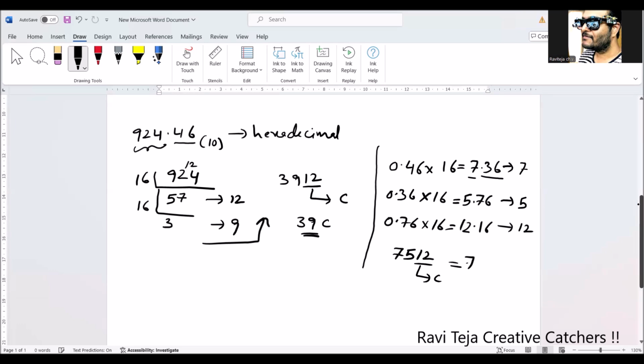So the answer will be 7, 5, C. Okay. So combining these two, let's conclude the answer. 924.46 with respect to decimal format is converted to hexadecimal. So the hexadecimal will be 39C.75C.